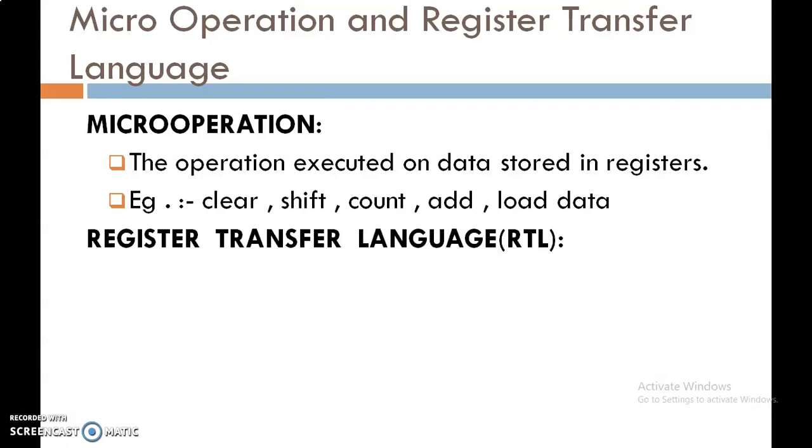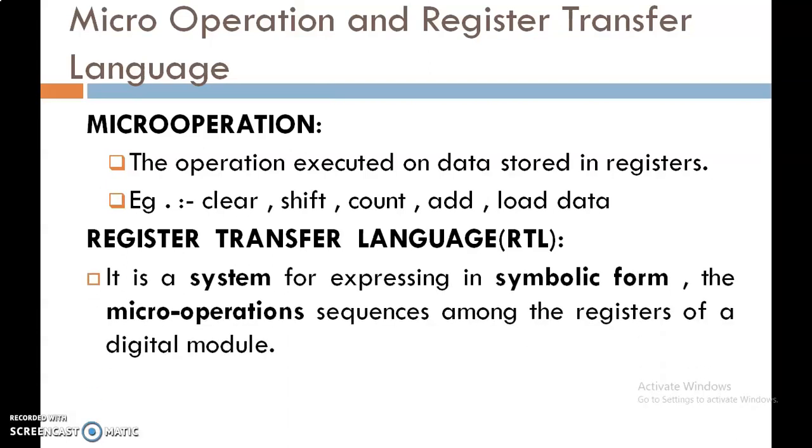Second definition is RTL, which is Register Transfer Language. A digital module contains various registers, and the micro operations are performed on the data of the registers. So RTL is a type of system for expressing in symbolic form the various micro operation sequences among the registers of a digital module.